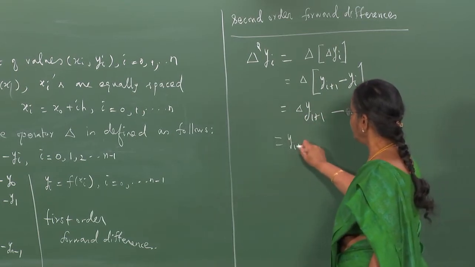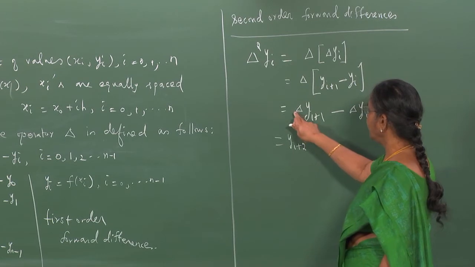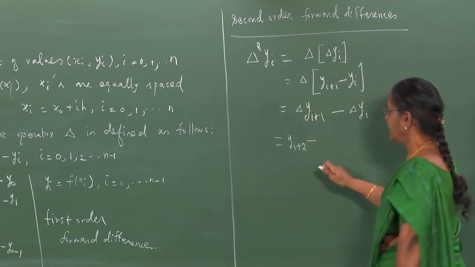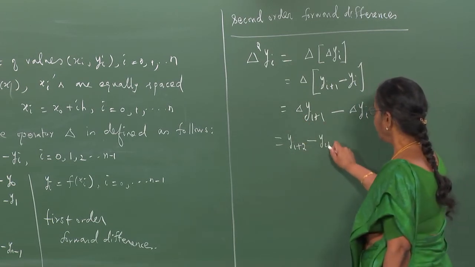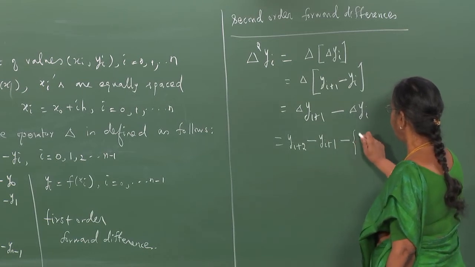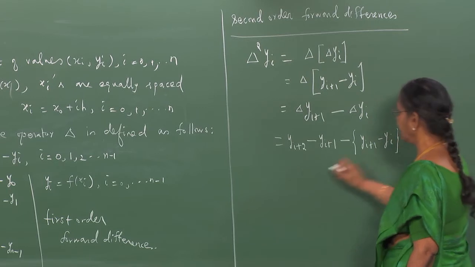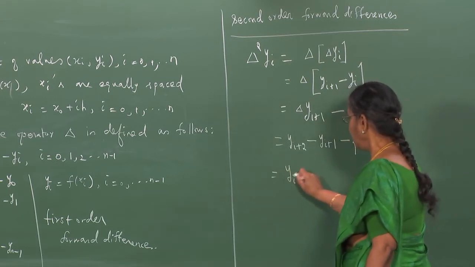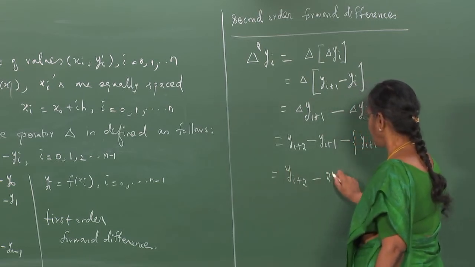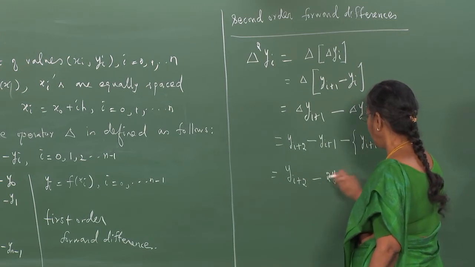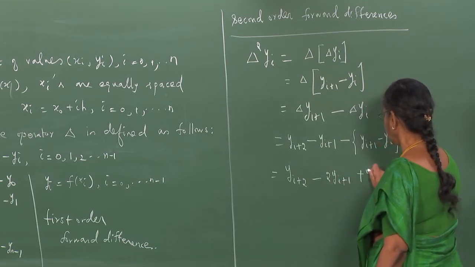So, I use the definition and write delta yi plus 1 as yi plus 2 minus yi plus 1, minus yi plus 1 minus yi. So, that will give me yi plus 2 minus twice yi plus 1 plus yi.